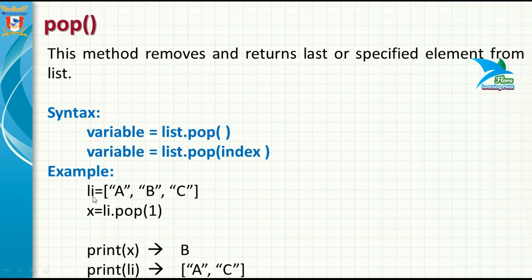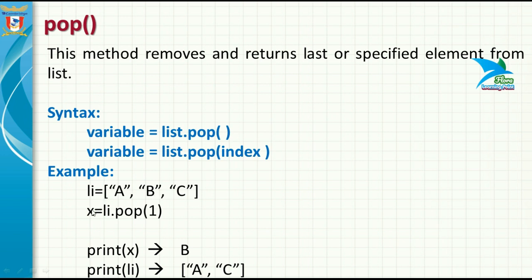Here we have an example where I have three elements A, B and C inside the list. When you specify the first index position inside the pop function, it will remove the element available at the first index position. Presently we have B at the first index position, and before removing it, it will store that value inside this variable.